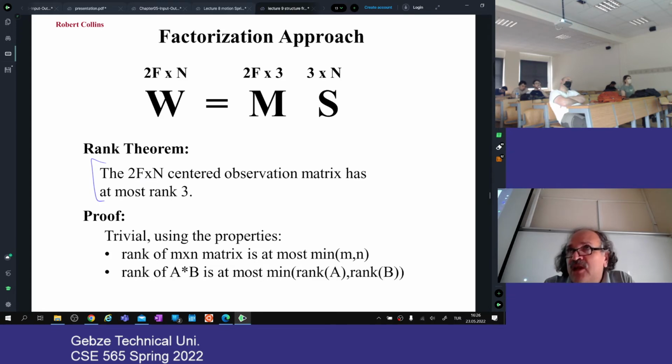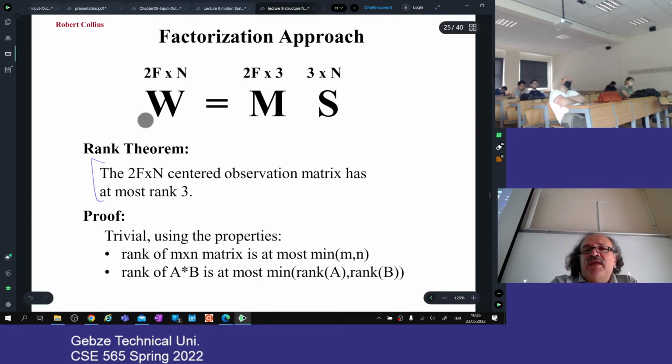It's a very large matrix, but it is all redundant. Why? Because if you have such a multiplication, the rank of an m by n matrix is at most the minimum of m and n.